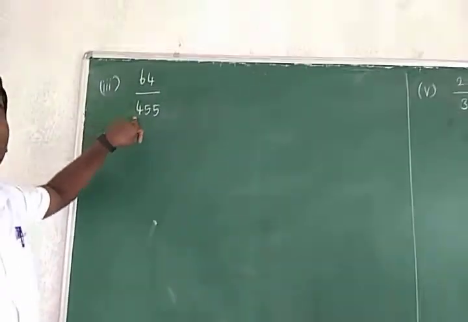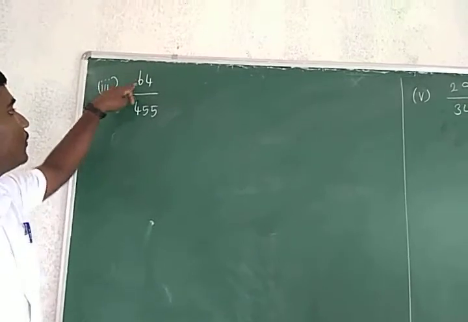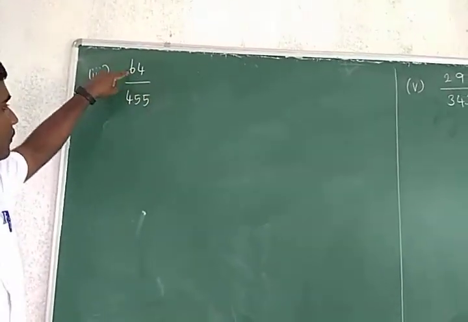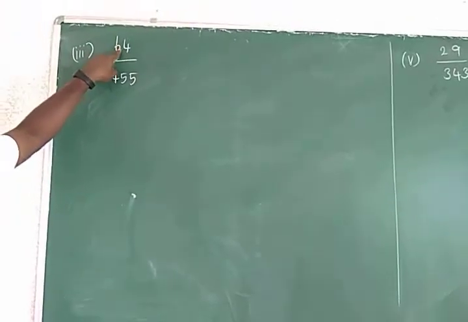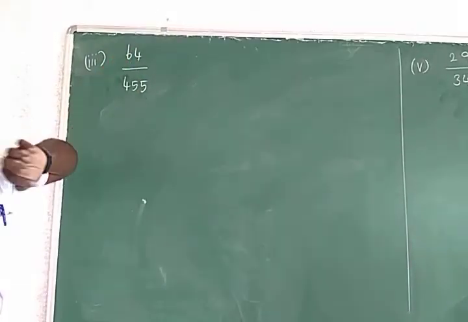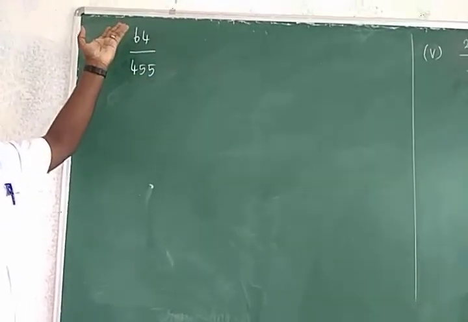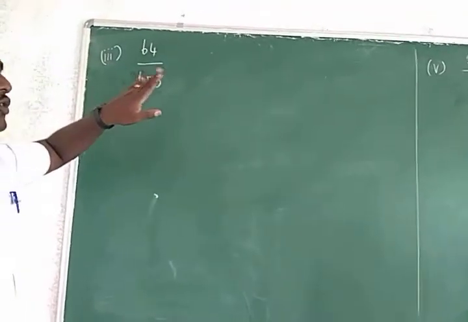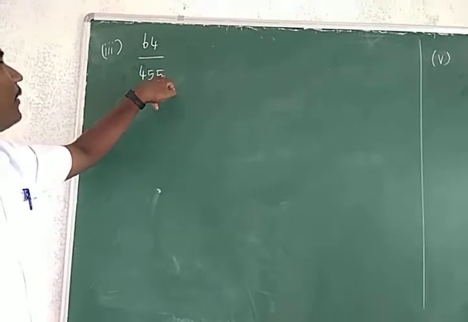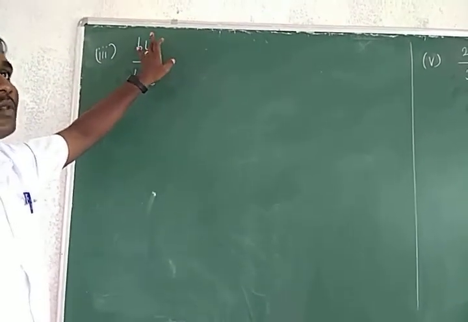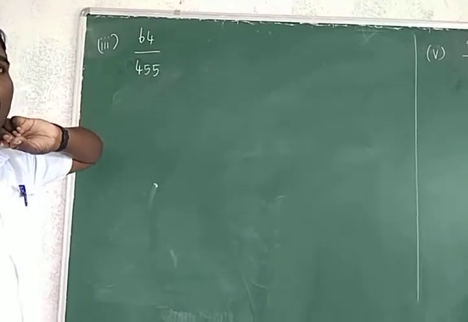Next, 64 divided by 455. Here, 64 is an even number, so it is not a multiple of 455. Check 455: does 64 have any factor of 5? No. So both are co-prime.